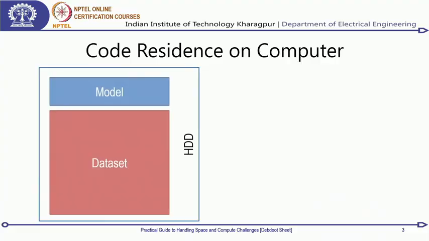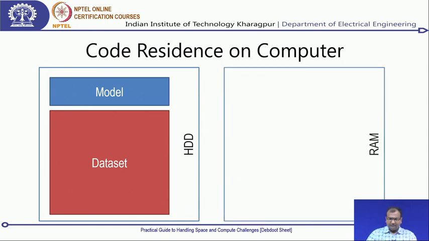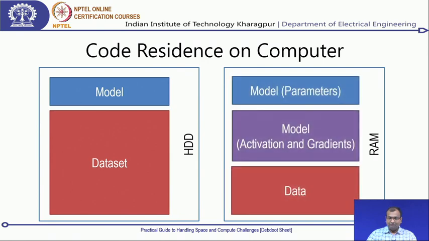So, this is the part of the code and the data which actually resides on your hard drive. Now, I have my model and I have my data set which together reside on my hard drive. Okay. Now, when I need to work on my RAM, I will have my model which consists of my parameters. Then I will have my model which will consist of my activations and gradients.